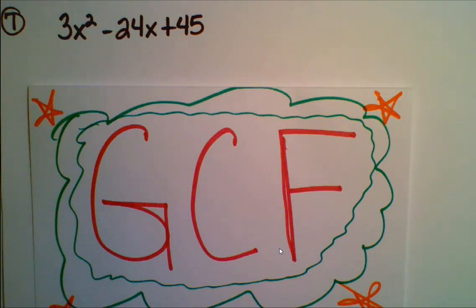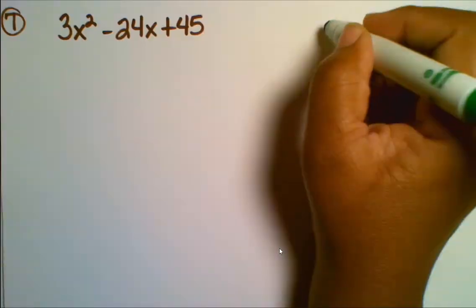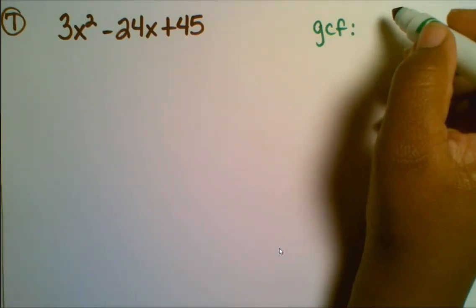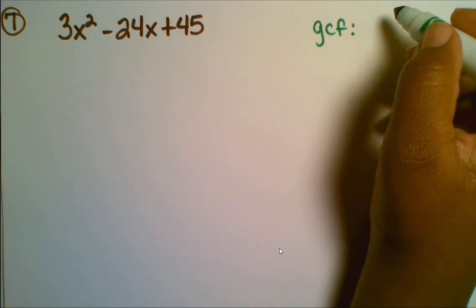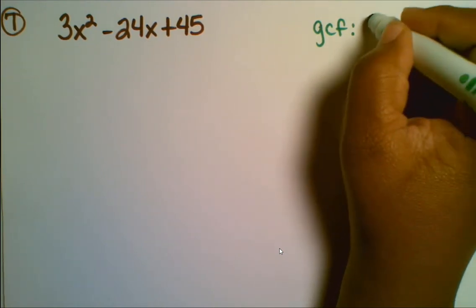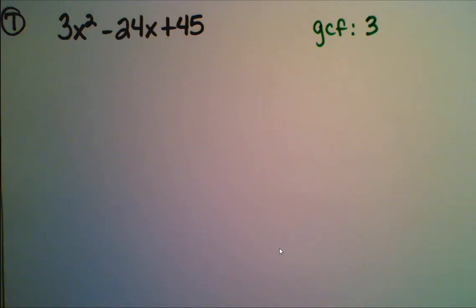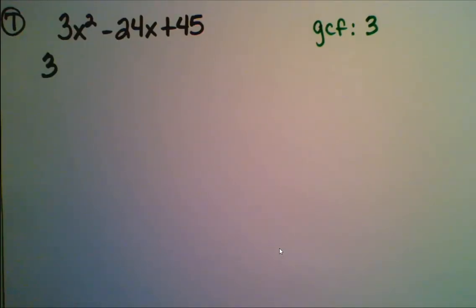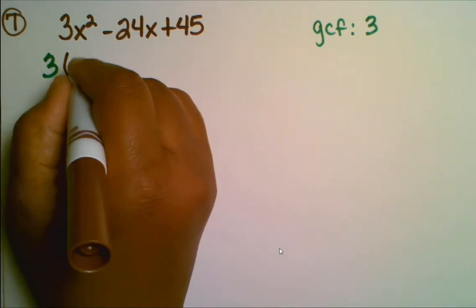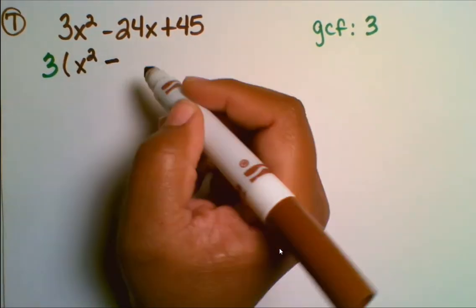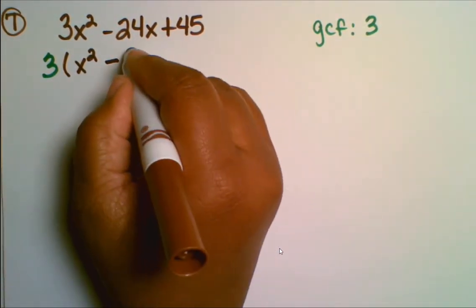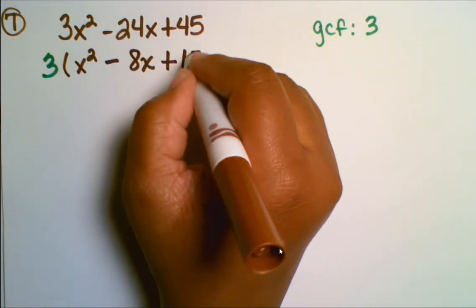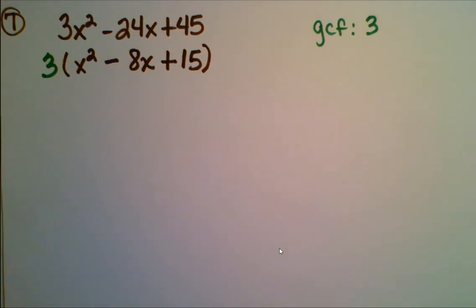And there is one, which is 3. So we're going to factor out a 3. We have 3 times x squared minus 8x plus 15.